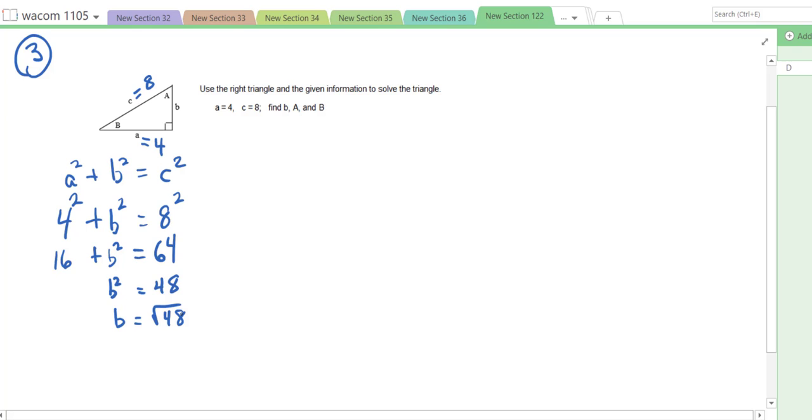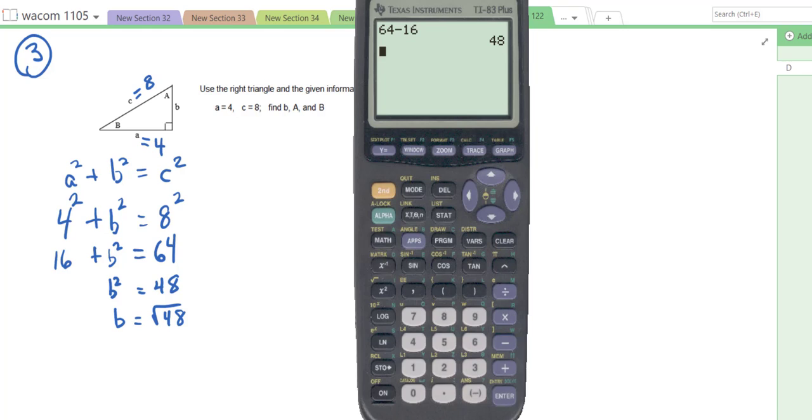In the directions, which I didn't pull over here, let me turn that piece off. See if I can pull it back up. They want it to the nearest hundredth. So I don't have to simplify the radical. I can just go with my calculator.